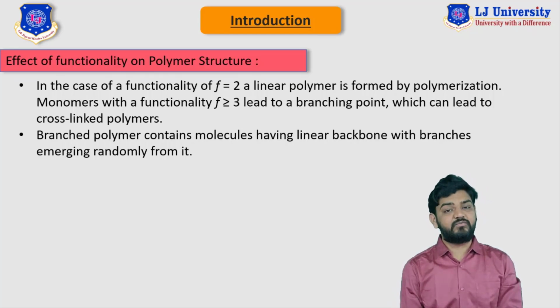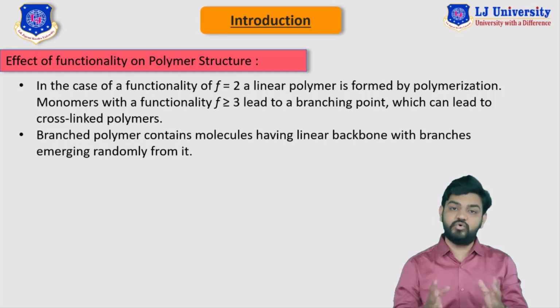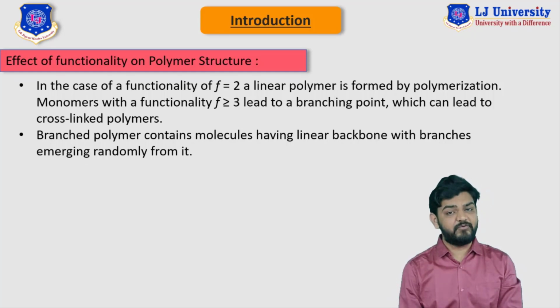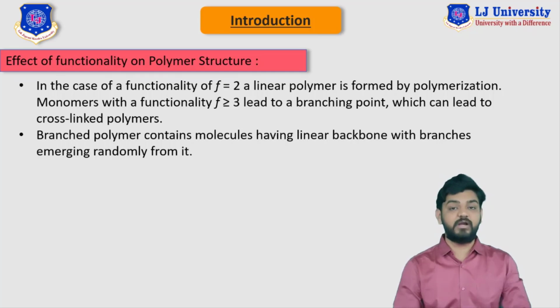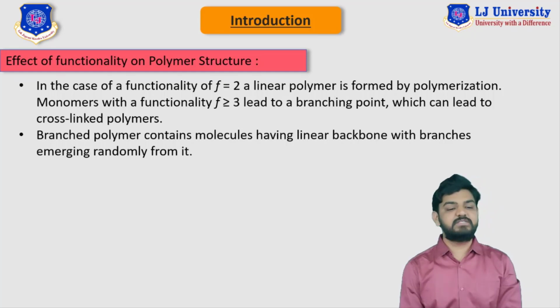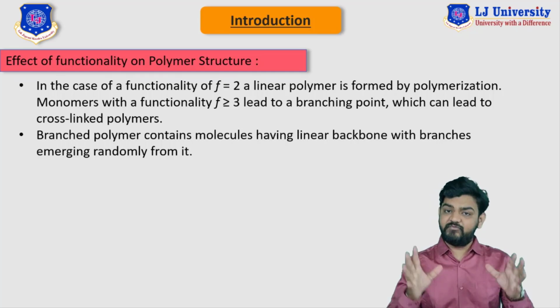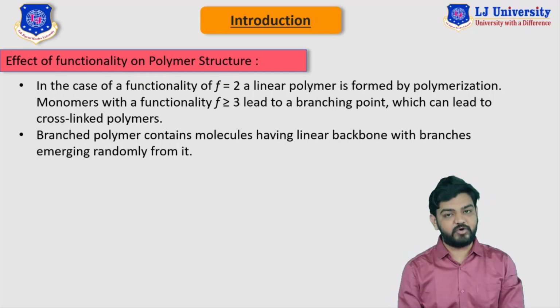In the case of functionality f equal to 2, the monomer can form only linear or branched polymer. To form cross-linked polymer, the functionality of the monomer should be equal to 3 or greater than 3. So this is the first effect: a monomer with a functionality of 2 can only form linear or branched polymer.